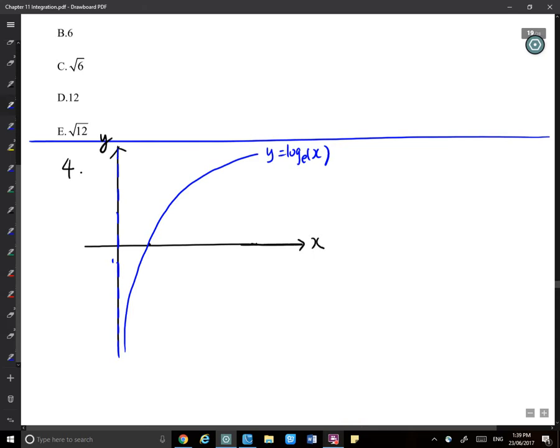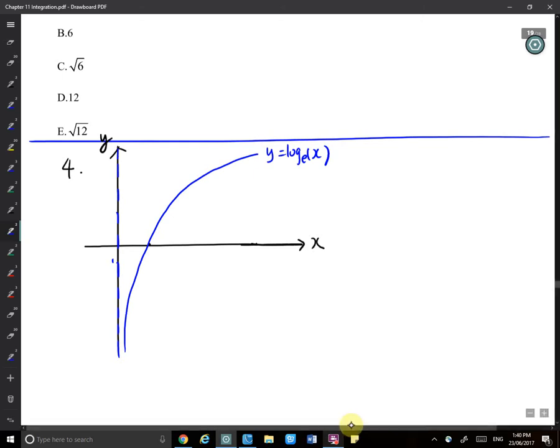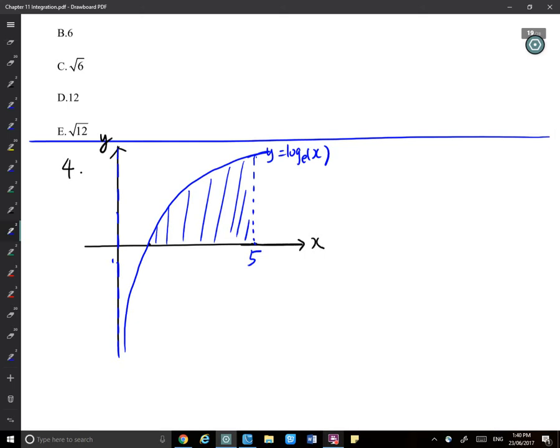And the next thing we talk about, what I want you to do is, I want to know this area, and I'll tell you that's approximately 5.